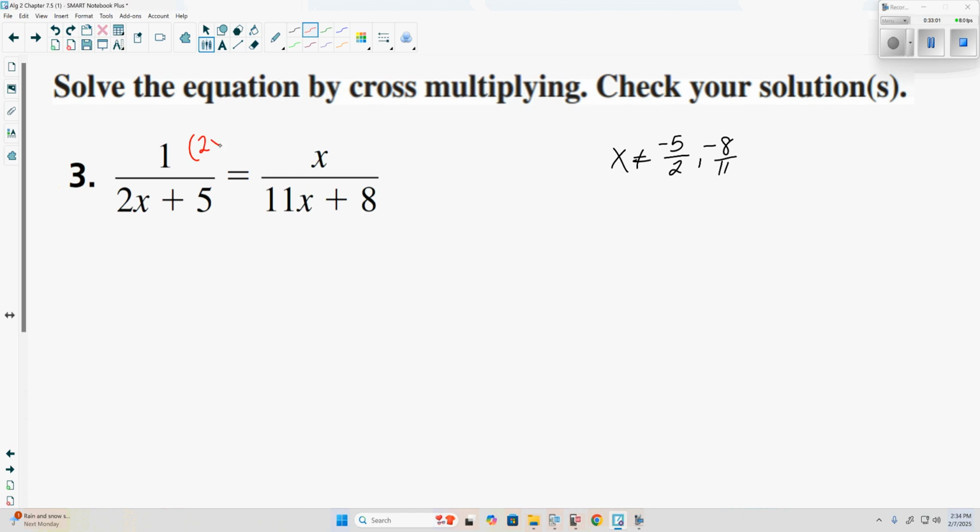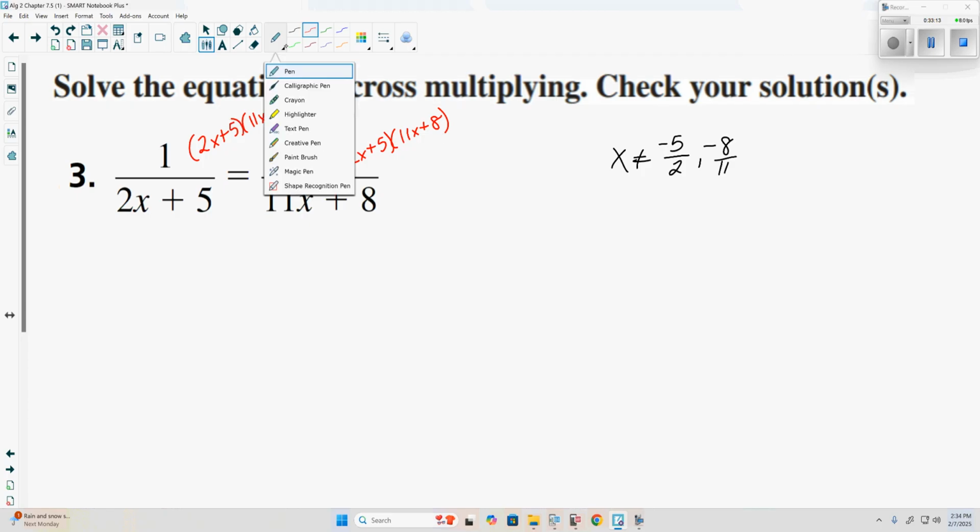So I am going to have to multiply both sides by 2x plus 5 and 11x plus 8. On the left-hand side, 2x plus 5, 2x plus 5. 11x plus 8, 11x plus 8.